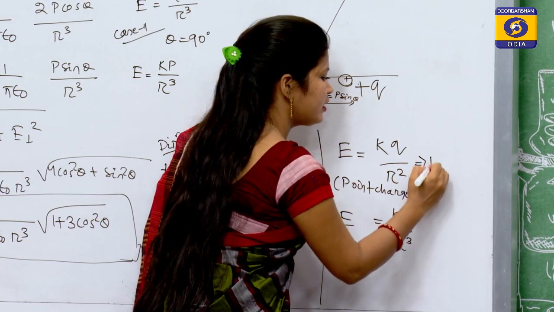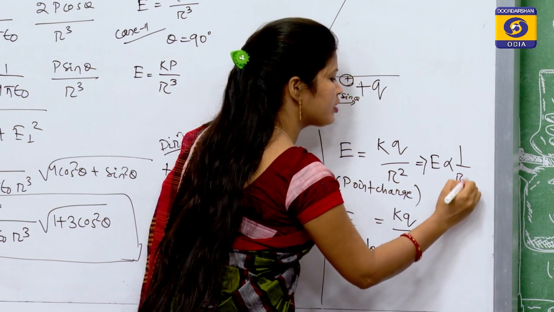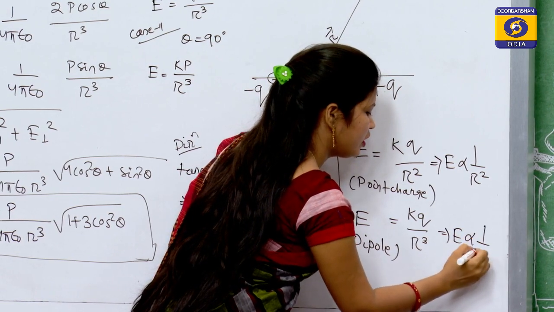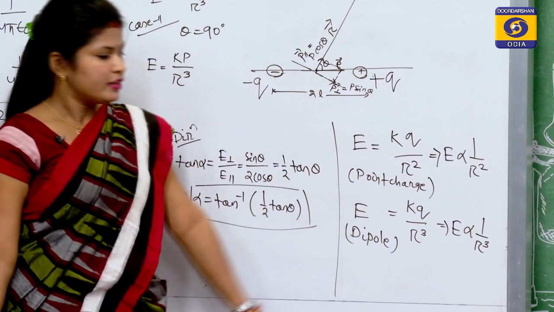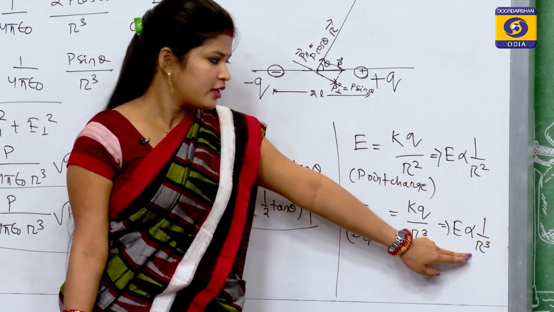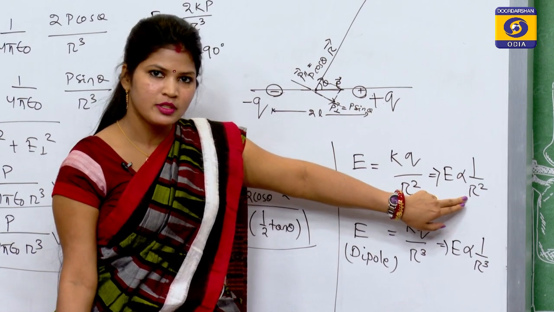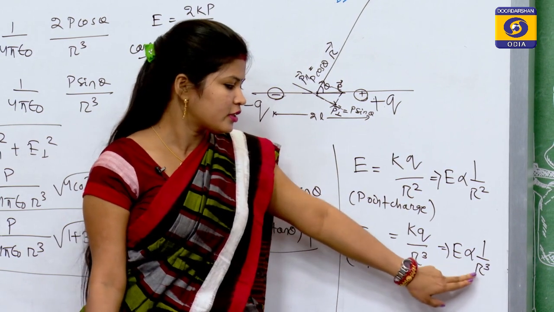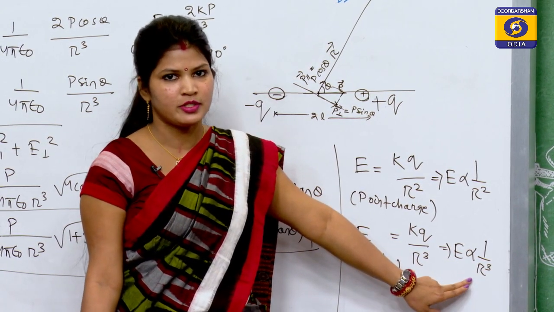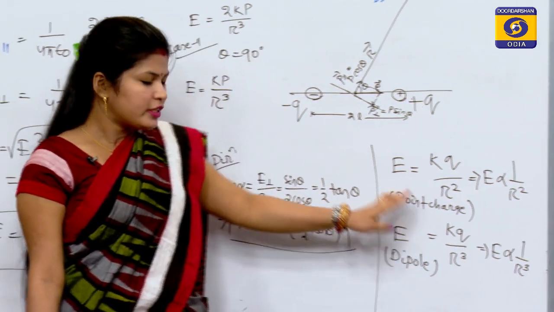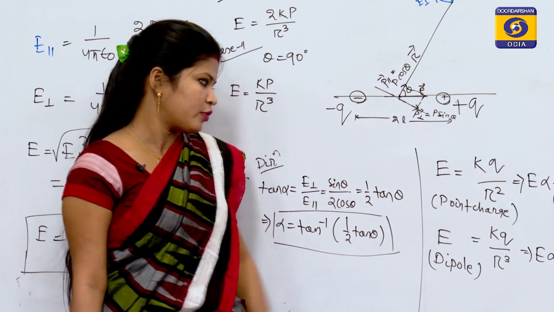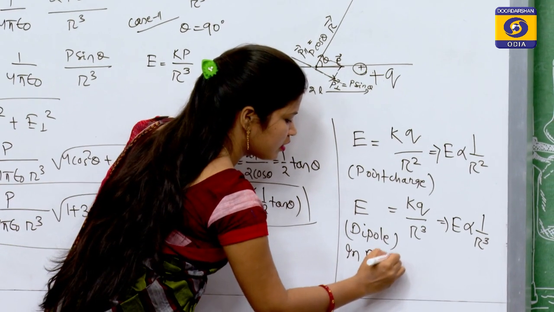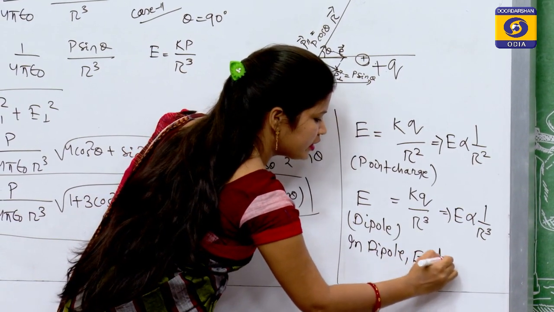For a point charge, E is inversely proportional to r square, and for a dipole, E is inversely proportional to r cube. That is, at 2 meter distance, the electric field will decrease 4 times in case of a point charge, and in case of a dipole, the electric field will decrease 2 to the power 3, that is 8 times. So, where does the electric field deplete faster? In case of a dipole. So, note down that in a dipole the electric field depletes faster.